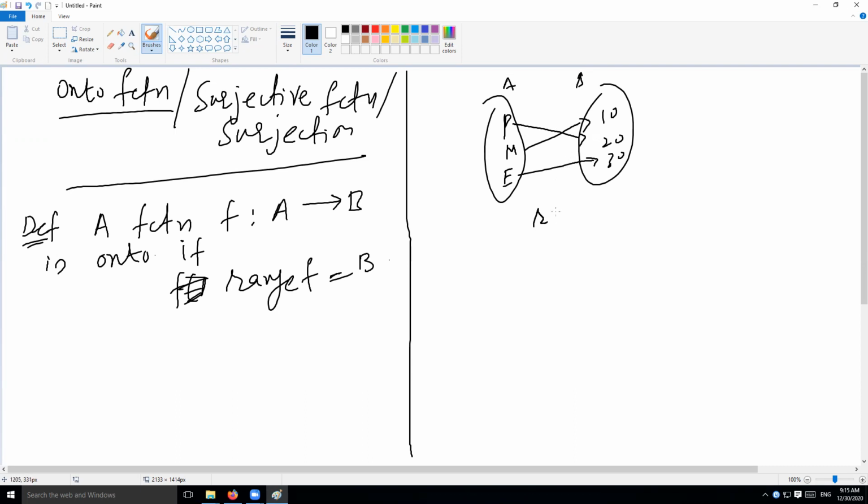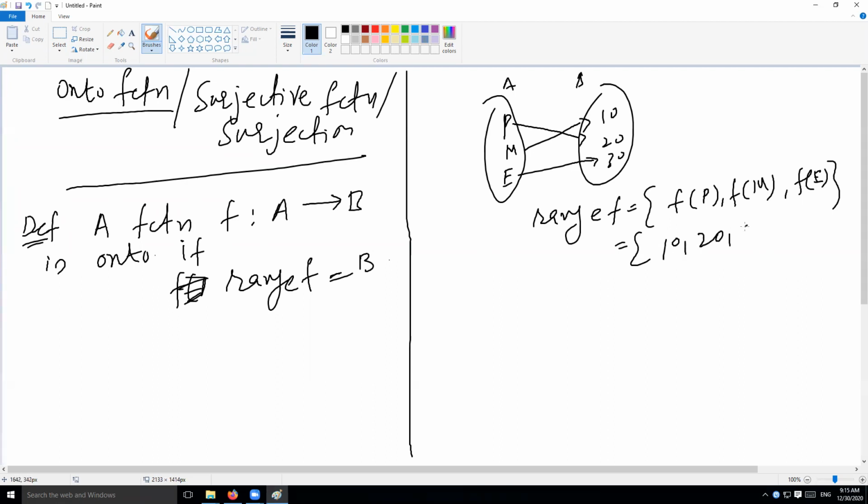Now what is the range of f? The range of f is f of p, f of m, and f of e. Just apply f onto the entire domain and see what you get. So f of p, m, e gives 10, 20, and 30, which is the same as the codomain. So you're going to say that hence f is onto.